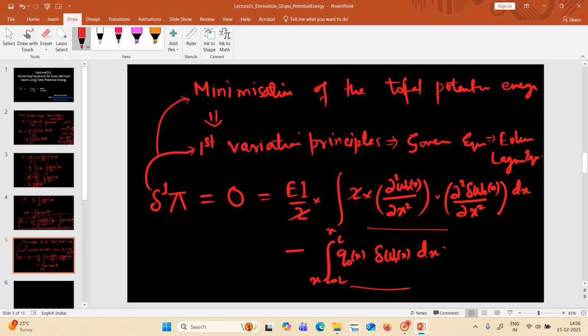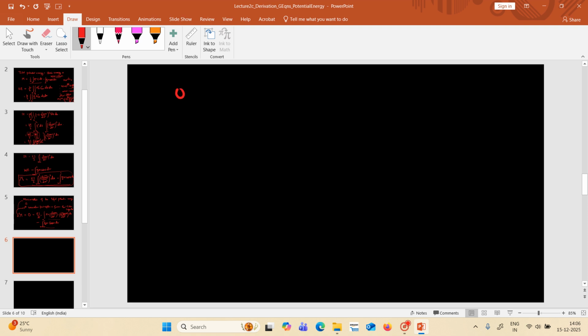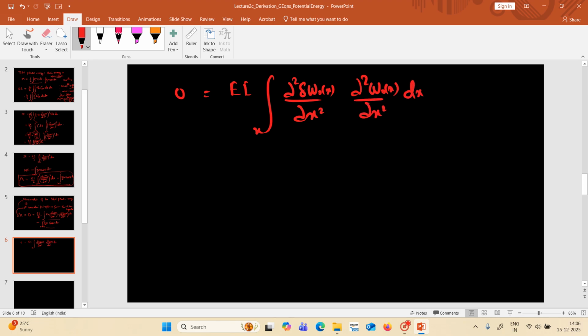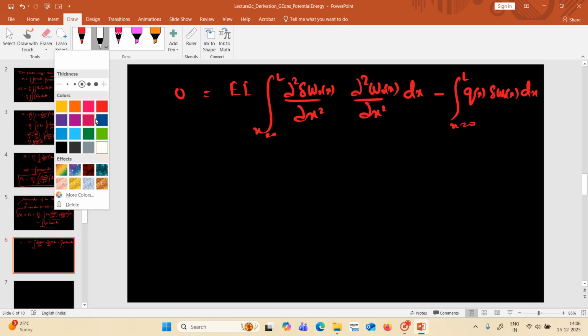Okay, and now we take, let us say, 0 equals EI integral, del 2 delta W naught of x by del x square, del 2 W naught of x by del x square, whole dx, minus q of x into delta W naught of x dx, from x equals 0 to L. Now, at this point, what should we do, let us see.